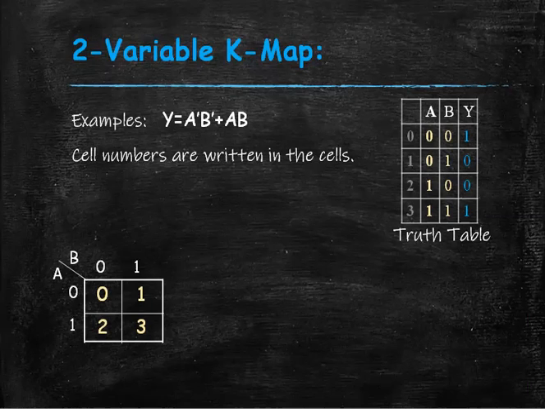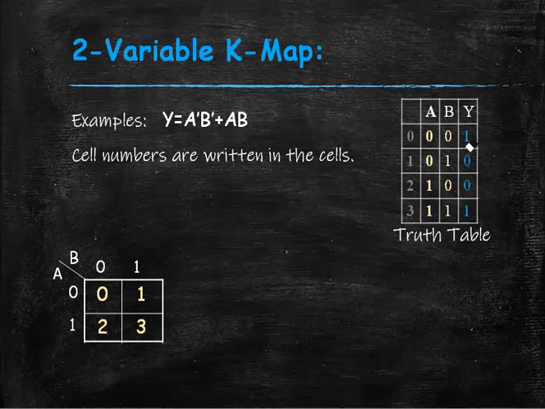The corresponding truth table must be this one, because the value of Y must be high when A bar B bar is equal to 1 or when AB is equal to 1. Then for 0 0, it means A bar B bar.